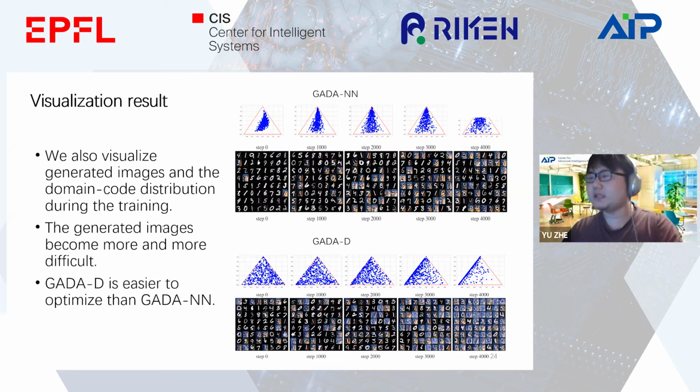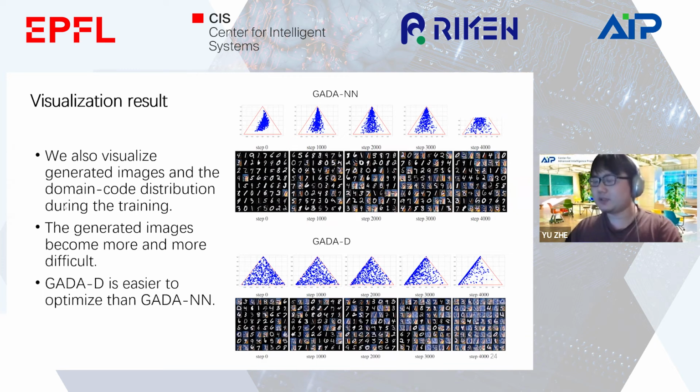We can find the generated images become more and more difficult. Intuitively, MNIST images should be the easiest domain in the digits task. The images become more and more colorful, which indicates that the samples become more and more difficult.